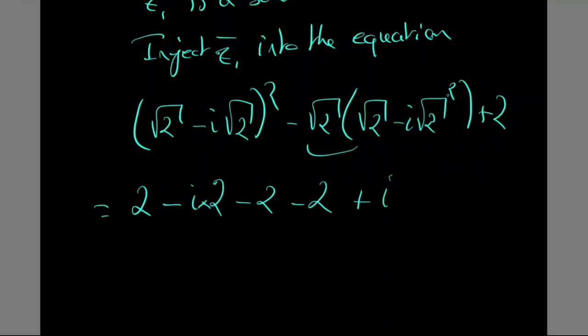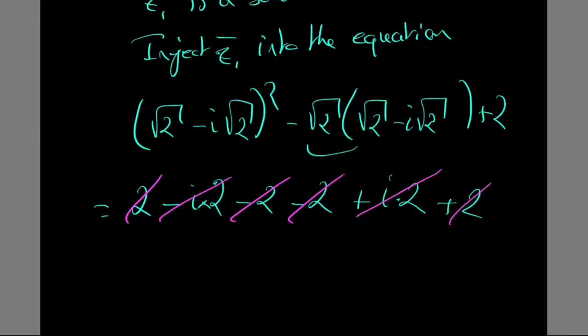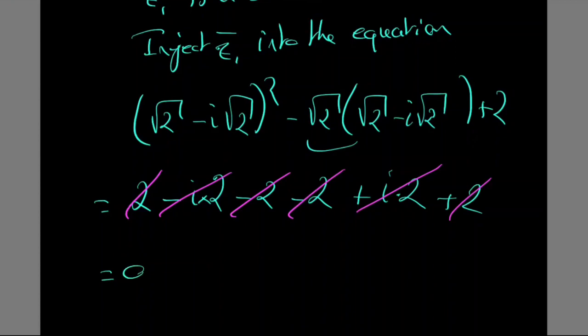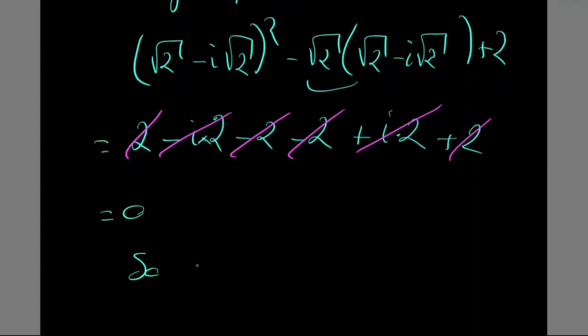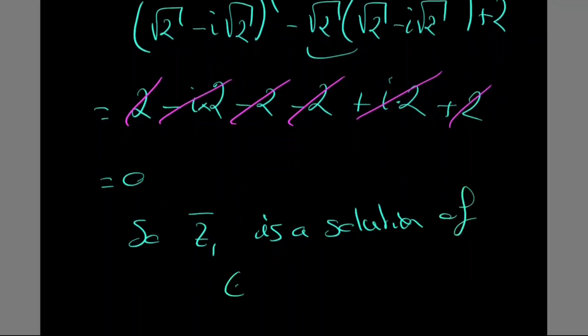There is no square here, so plus i square root of 2 times square root of 2, so 2, plus 2. And this one simplifies with this one, and this one simplifies with this one, so everything is equal to 0. So z1 conjugate is a solution of E. And we answered the whole question.